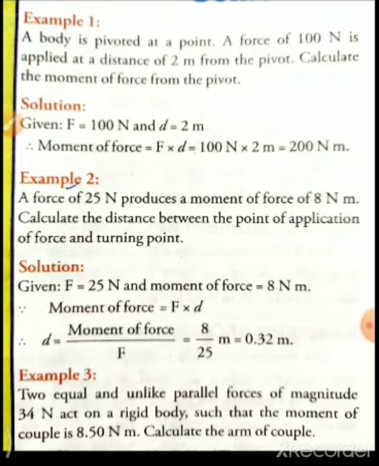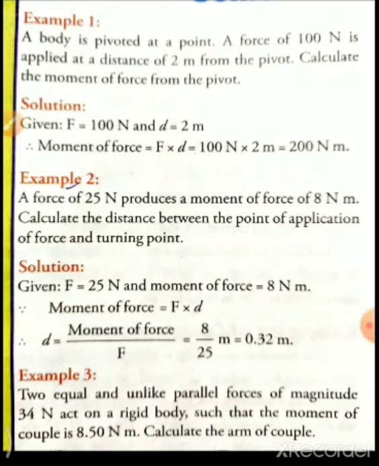Example 3. Two equal and unlike parallel forces of magnitude 34 Newton act on a rigid body such that the moment of couple is 8.50 Newton meter. Calculate the arm of couple. So here you need to understand two equal and unlike forces.